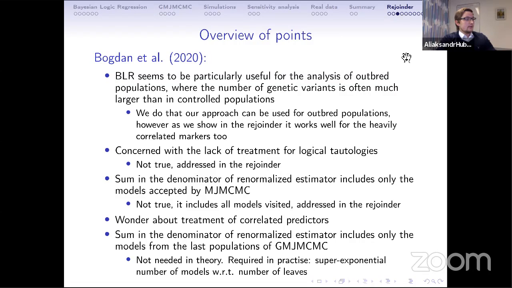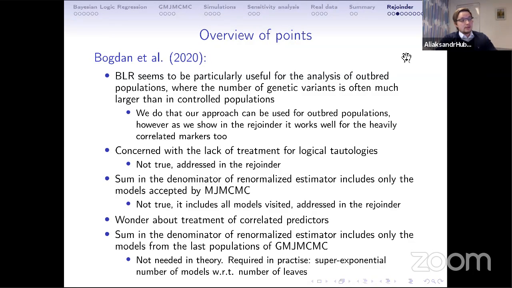And finally, they wonder about the value of the sum in the denominator of the renormalized estimator, which indeed, by one of the options, only includes the models from the last populations. This is just done for computational reasons as one of the approaches, so we can use all of the previous models that were visited by all of the threads of the GMGM-CMC algorithm.